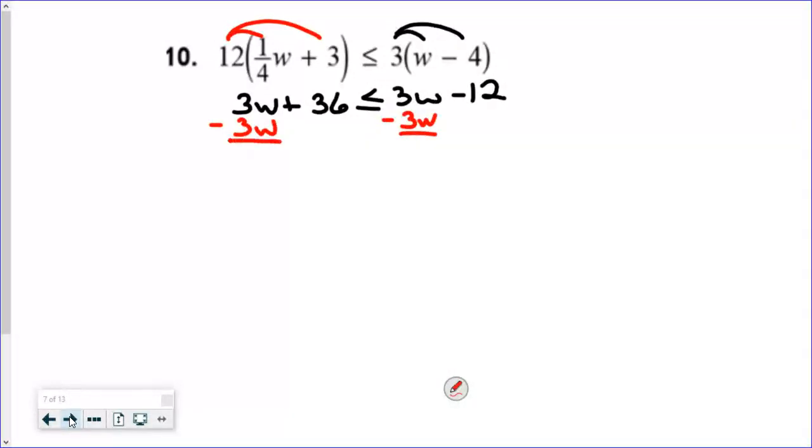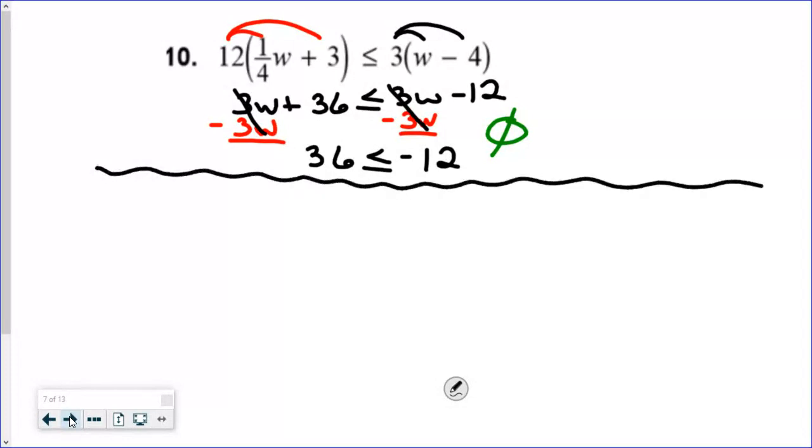And then I'm going to notice something. Oh, here we go again. Mrs. Strebler did it to us again. We have 36 is less than or equal to negative 12. Is 36 less than or equal to negative 12? No. That's a no solution as well because it's a no.